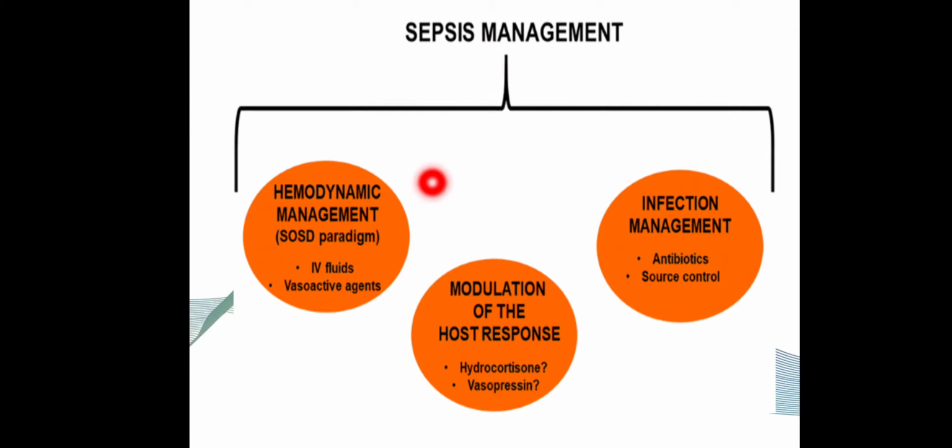Again, there is loss of fluid in this condition, so you can give IV fluids and vasoactive agents. It is due to infection, so obviously you have to treat the infection, so give antibiotics accordingly, and to modulate host response we can give steroid therapy and vasopressin, right? So this is the overall management. We'll see individually how it works.